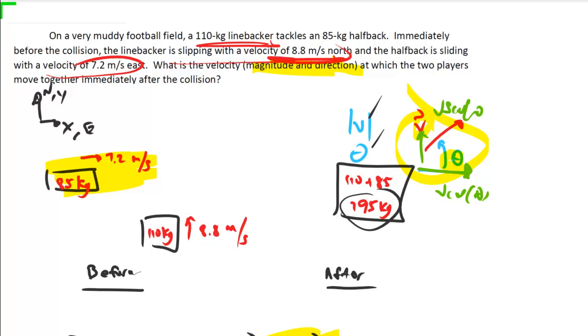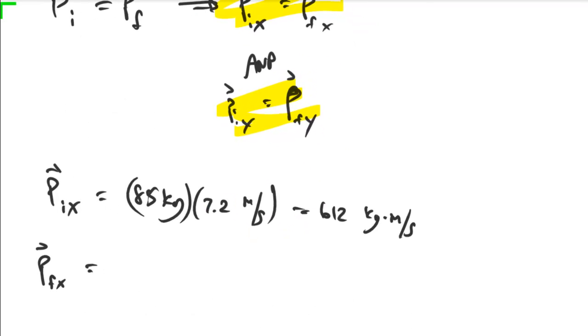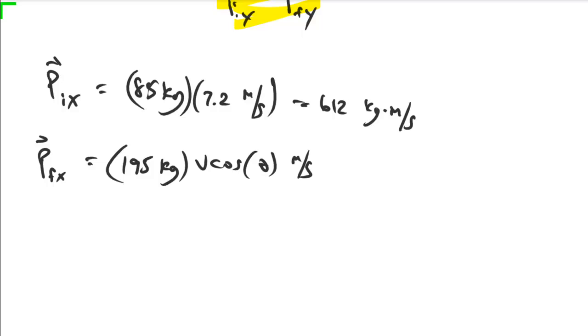Given that theta is in standard position. And so I'll just write that into the equation. So the final momentum in the x direction is going to be 195 kilograms times v cosine theta meters per second, right? So this gives us that we have 612 is equal to 195 v cosine theta.